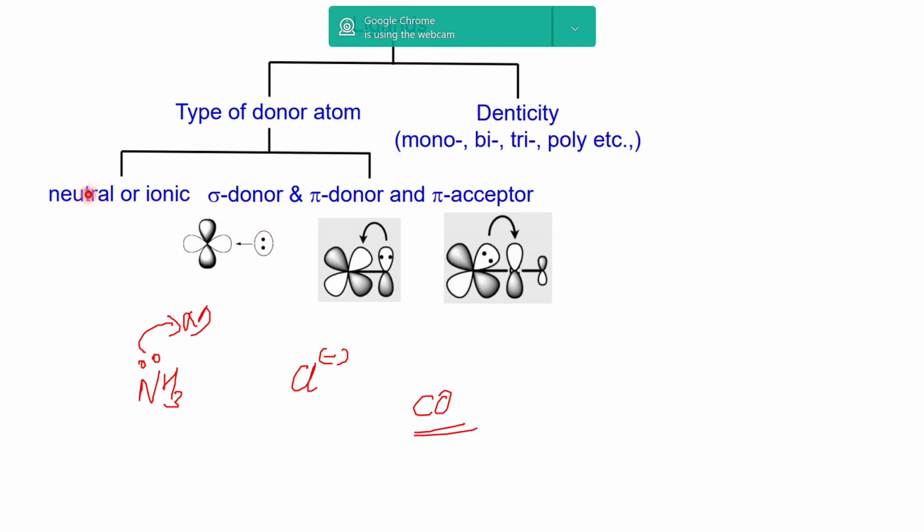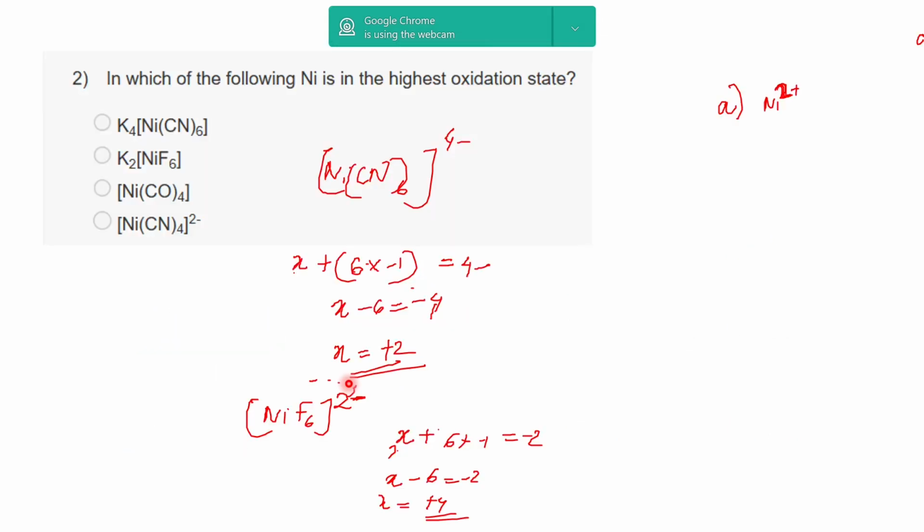All the neutral ligands will have zero charge because they are in the neutral ground state, and the ionic ligands will have a charge depending on what ion it is. So Cl, Br, F will have minus 1. Then for example, if there is a ligand like O2 2 minus, then the charge will be 2 minus. So again, this is X equal to plus 4.